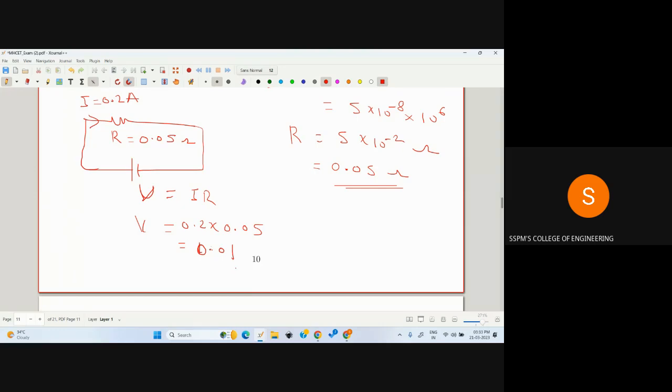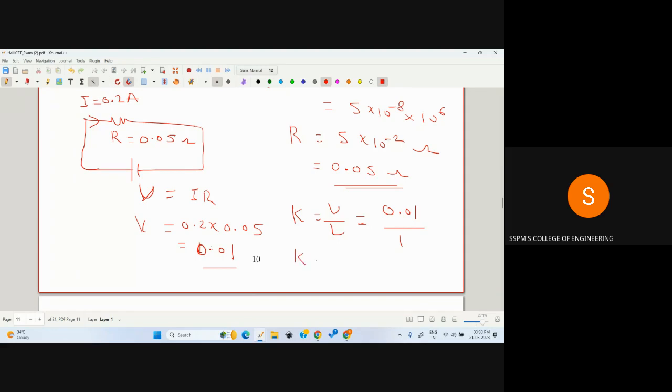Okay, getting 0.01 is the potential across the wire, and the potential gradient is V by L. The potential across the wire is 0.01 divided by the length of wire, 1 meter.